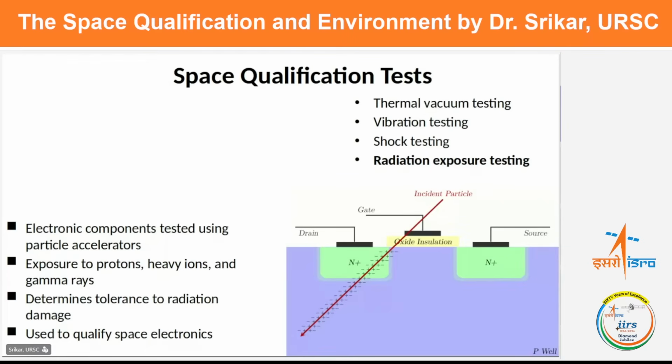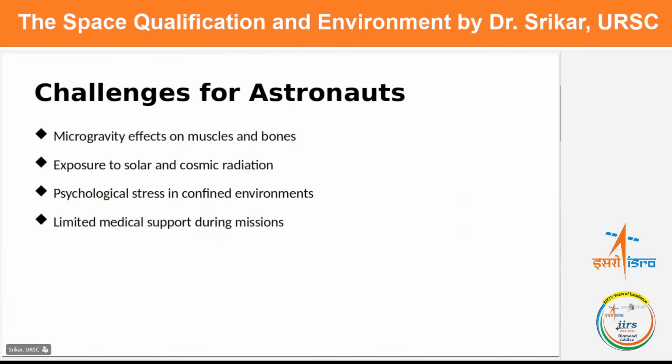Essentially these four cover the major aspects of the qualification of a system. There are several other tests and qualification measures, but they are very specific to a subsystem or a spacecraft, and these are the overall ones that I wanted to mention.